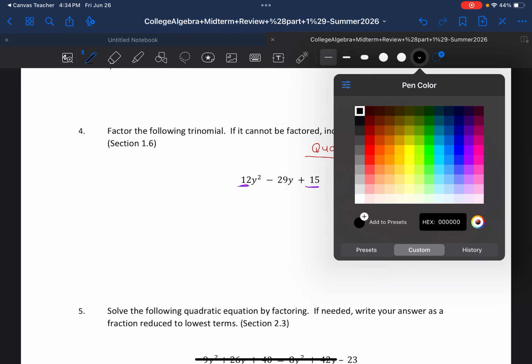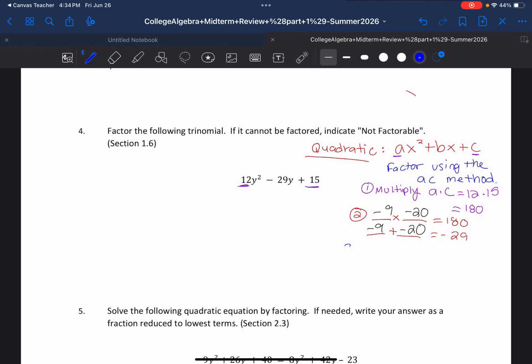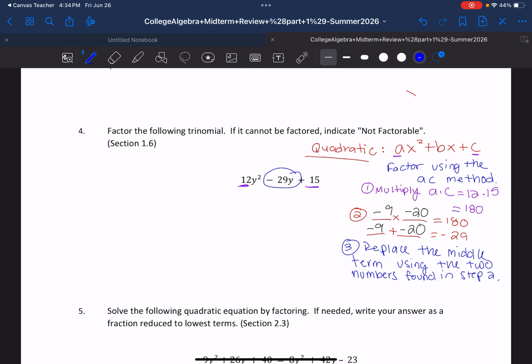Okay, so now step 3 is going to be to replace the middle term using the two numbers we just found. So the middle term is this negative 29y.